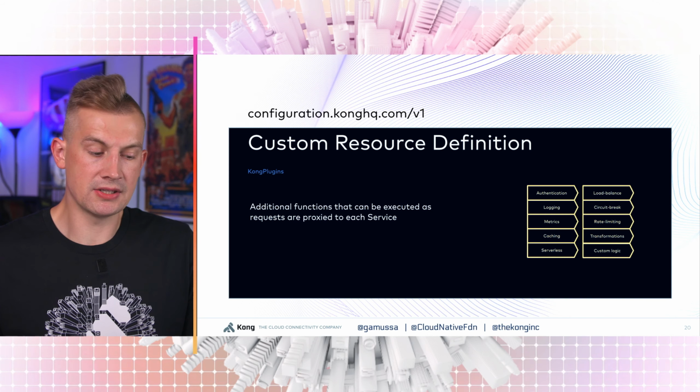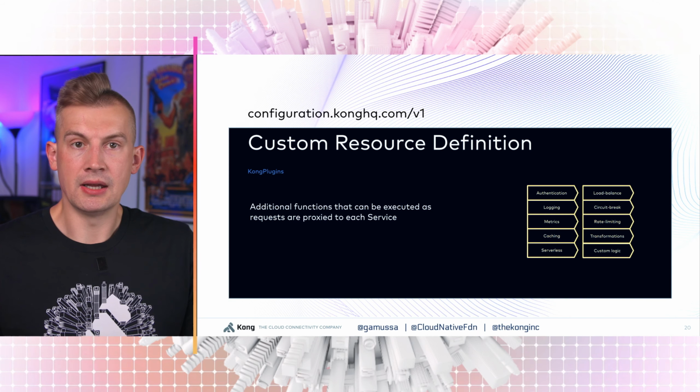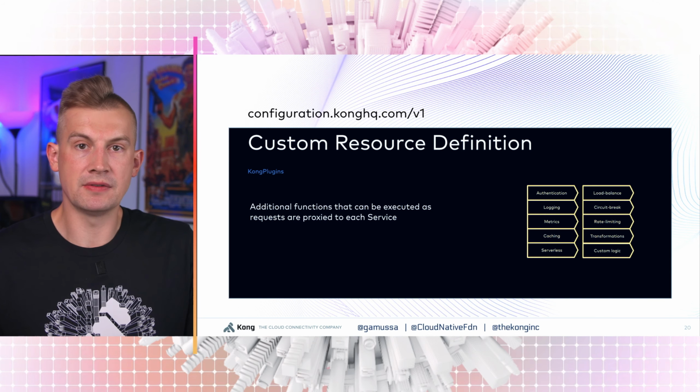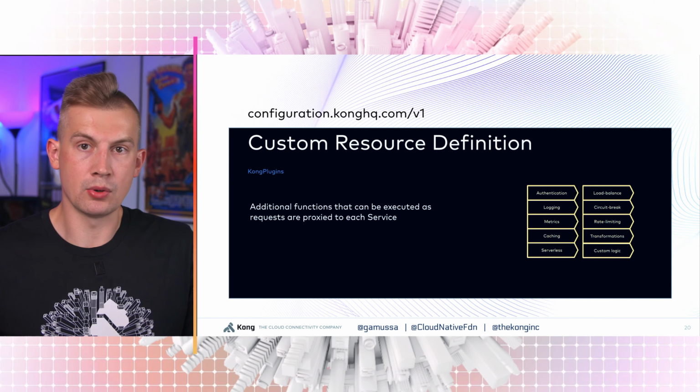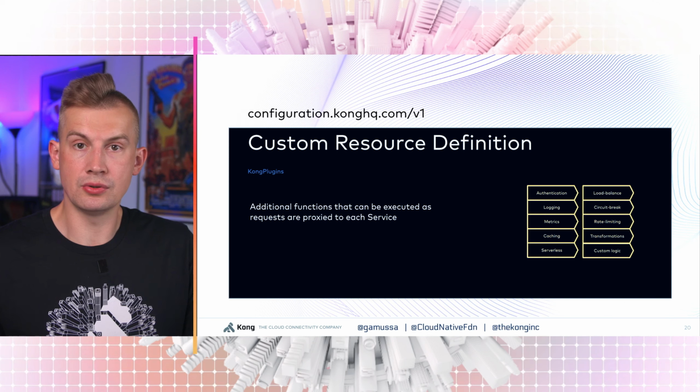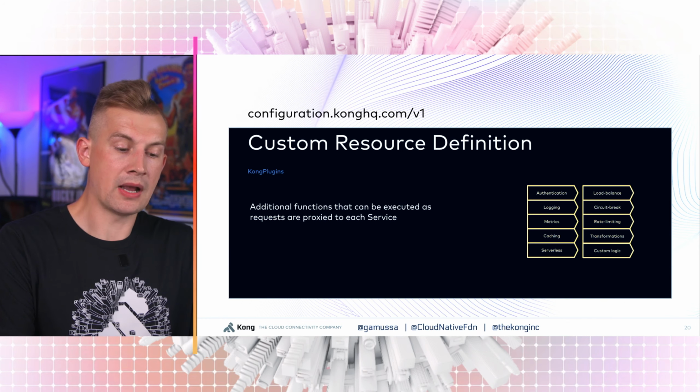In this particular case, Kong plugin. It is a custom resource that allows to configure some of the plugins that are available in Kong out of the box. So though you don't need to do this, and those are open source, those plugins you can implement right away, and just do the thing.